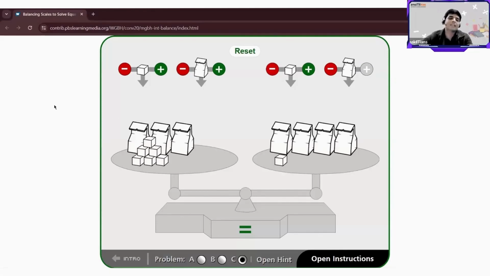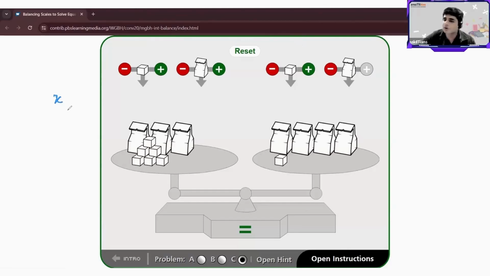Okay, now what's happening over here? We have how many bags on one side? 3 bags. We do not know the amount of cubes in 1 bag. Do we know? Yes or no? We don't. Right? So we are going to say that there are x cubes in 1 bag.